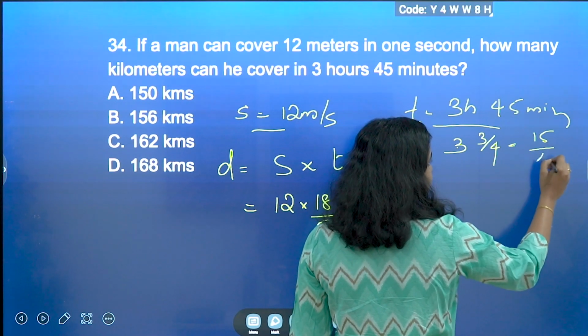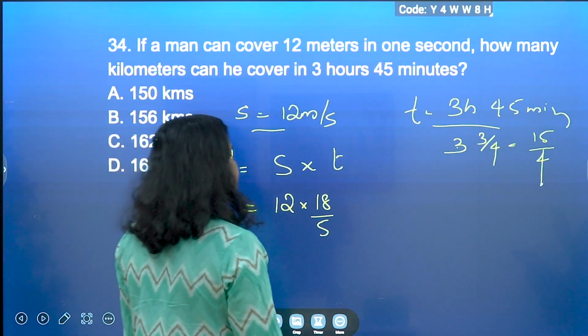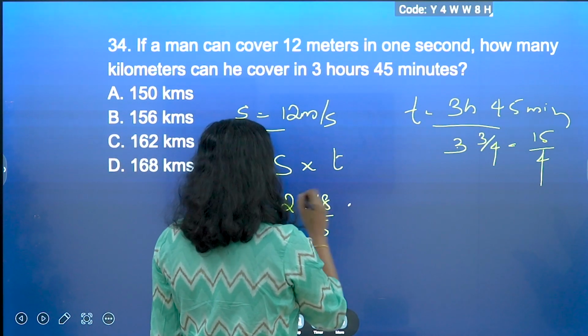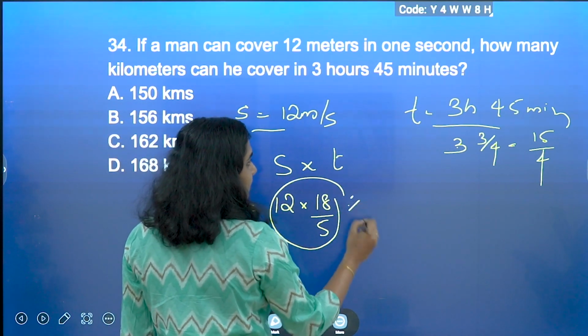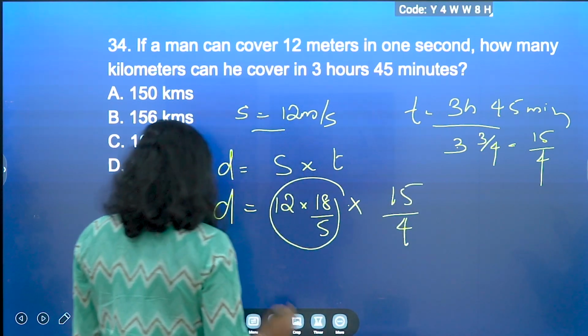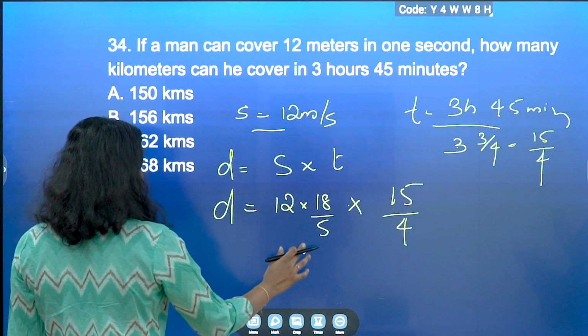So 15 by 4. Right. 15 by 4. So 15 by 4 is the time. So to find out distance, this is speed. Now you have to multiply it into the time. Okay, 15 by 4 hours is our time. So now you can do the calculation.